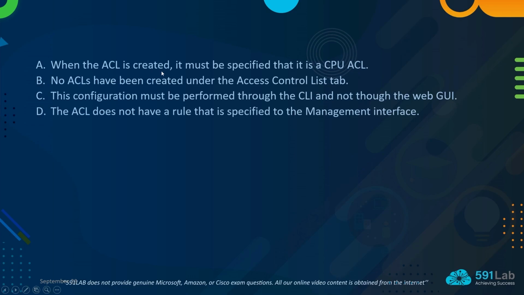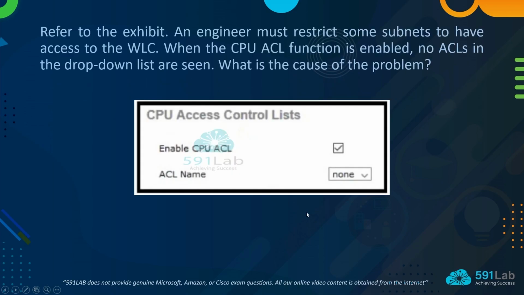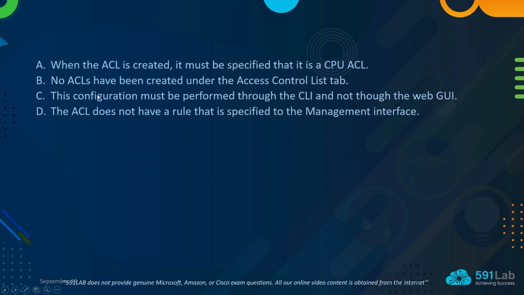When the ACL is created, it must be specified as a CPU ACL. This is not correct, as any ACL can be used, either a normal ACL or a CPU ACL. No ACL has been created under the access control list tab. This could be interesting, because if no ACL has been created, it's going to show us none. So let's keep this in mind.